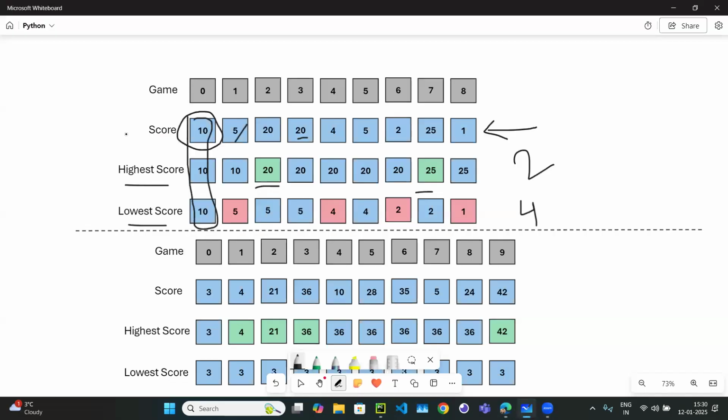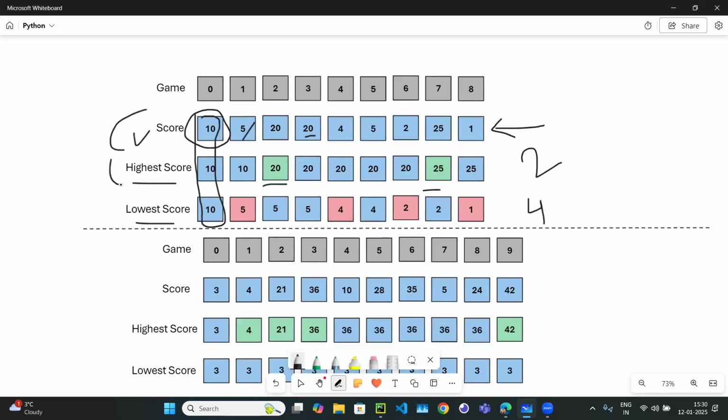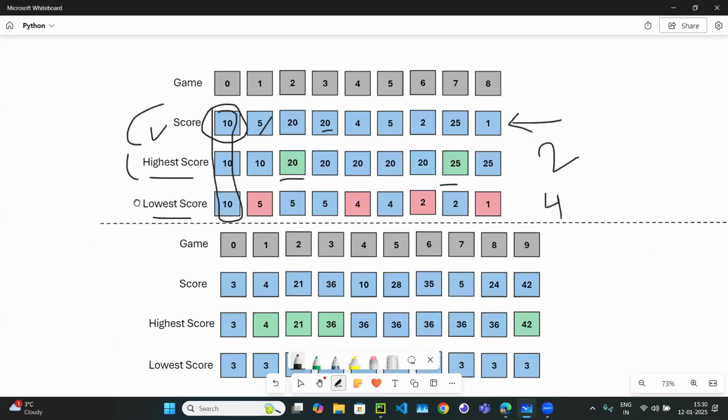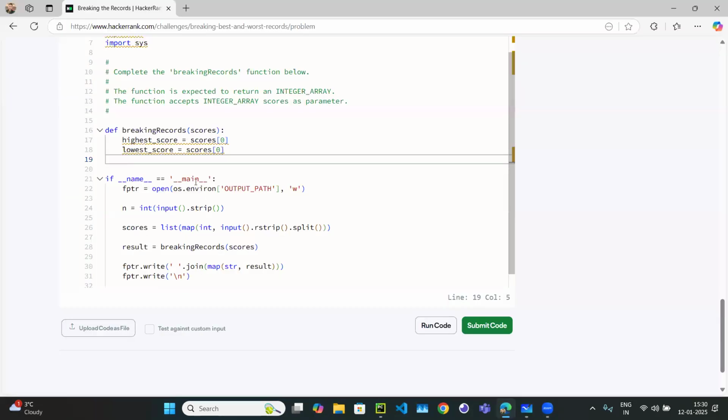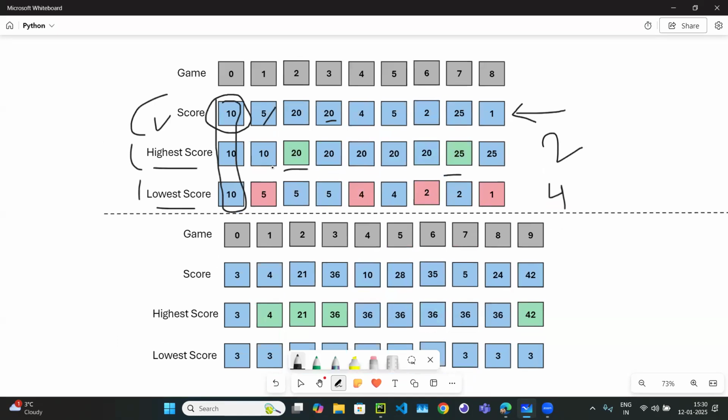Because we have this score array given, whatever the first value is will become the baseline for the further games. So the highest score is scores of 0, and the lowest score is also scores of 0, which is 10. Okay, got it. Now we need to find how many times.